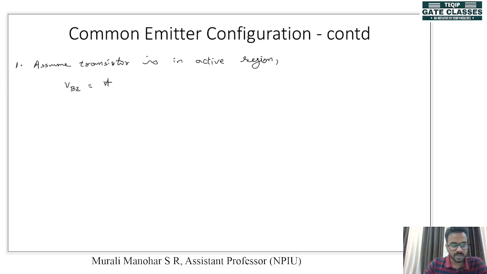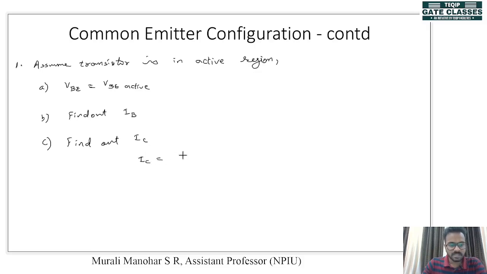VBE becomes VBE active. We have already seen the VBE active values for silicon and germanium transistors. So this is the first step. Then the next step is, for this VBE, find out IB. After obtaining IB, we can find out IC.